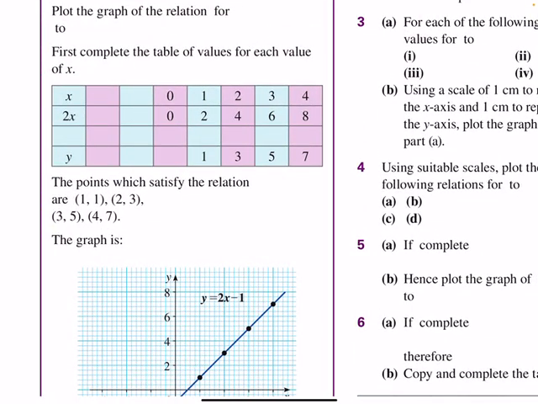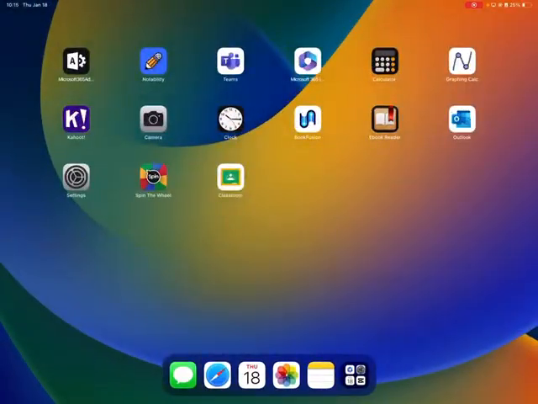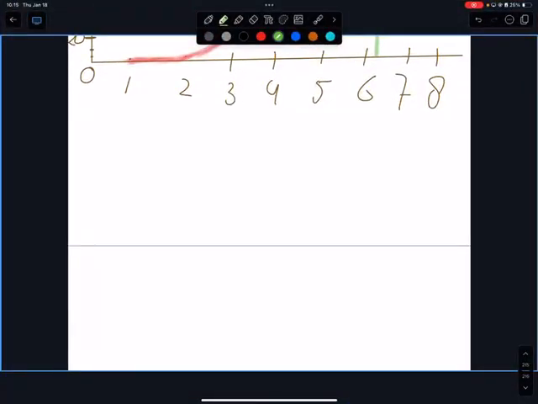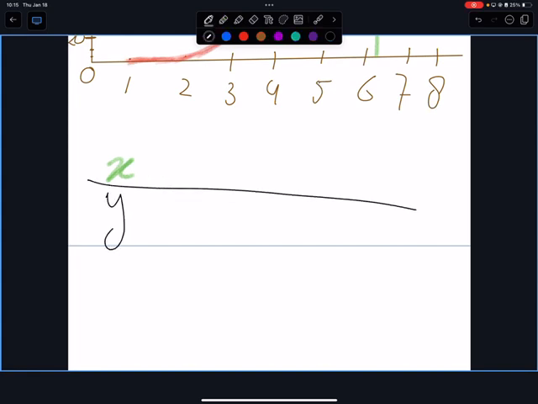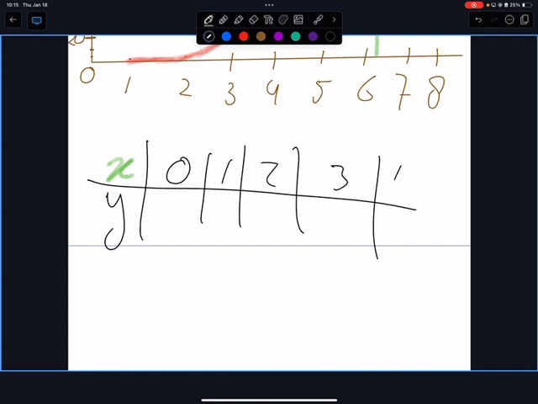When you have a linear equation and it is in a table, there is something you notice on the y values. And that's how you know it's a linear equation.